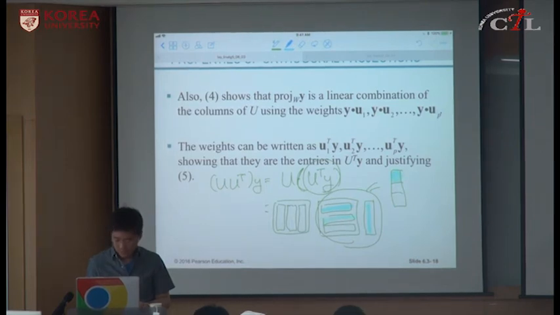That corresponds to U1 transpose y and U2 transpose y, because that is U1 transpose, U2 transpose, and so on.